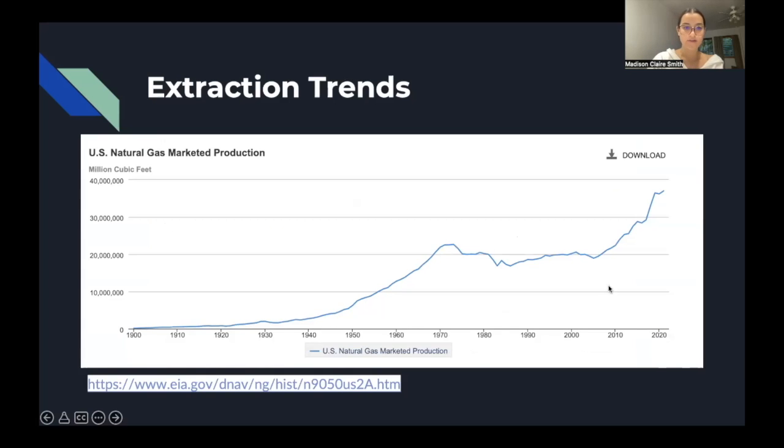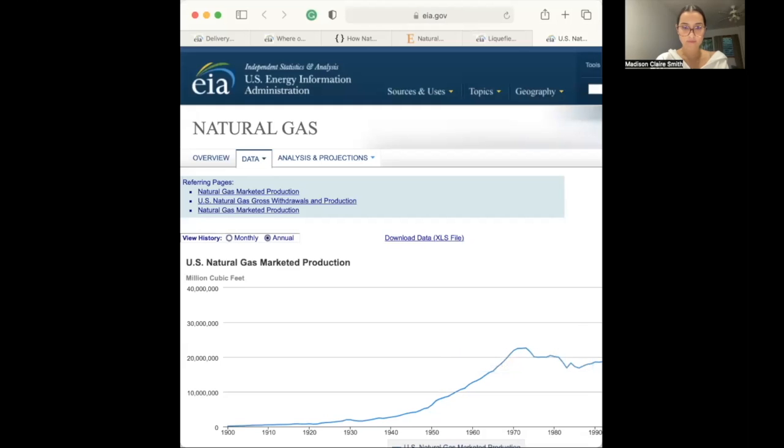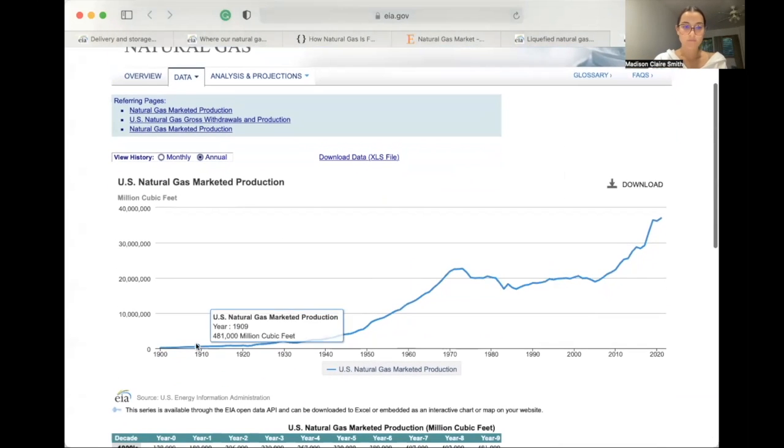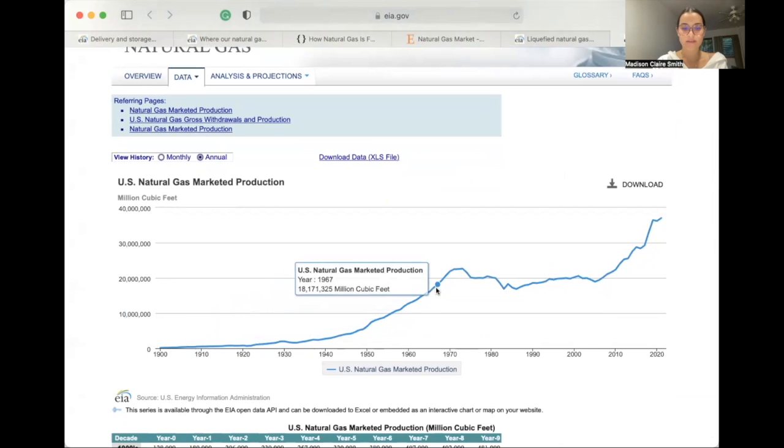Extraction trends. So here are the extraction trends from when we began in the 1900s. I'm going to go ahead and open it up to share with you. Okay, so here we are looking at the U.S. natural gas marketed production, the history of natural gas production here in the U.S. We began producing 128,000 million cubic feet, but you can see the sustained increase over the years.